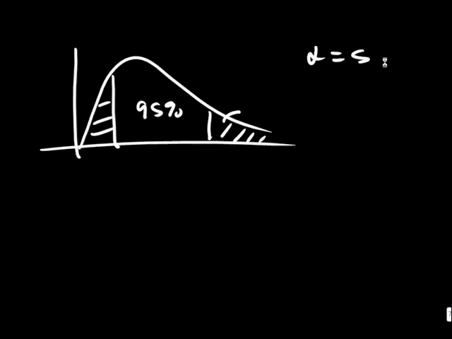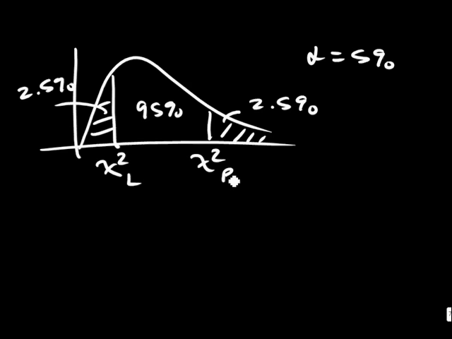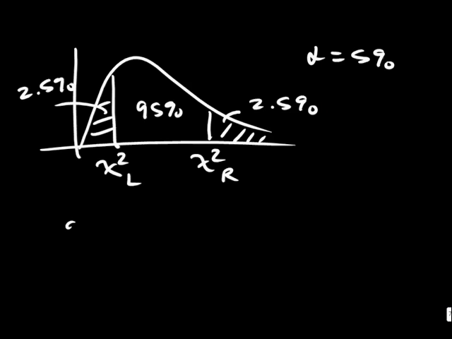And in this right tail, you'll have half of 5%, which will give us 2.5%. In the left tail, 2.5%, and 2.5% in the right tail. Total is 5%. You have a chi-square L value, a chi-square R value. Since the sample size is 10, 1 less will give us the degrees of freedom, which is 9.